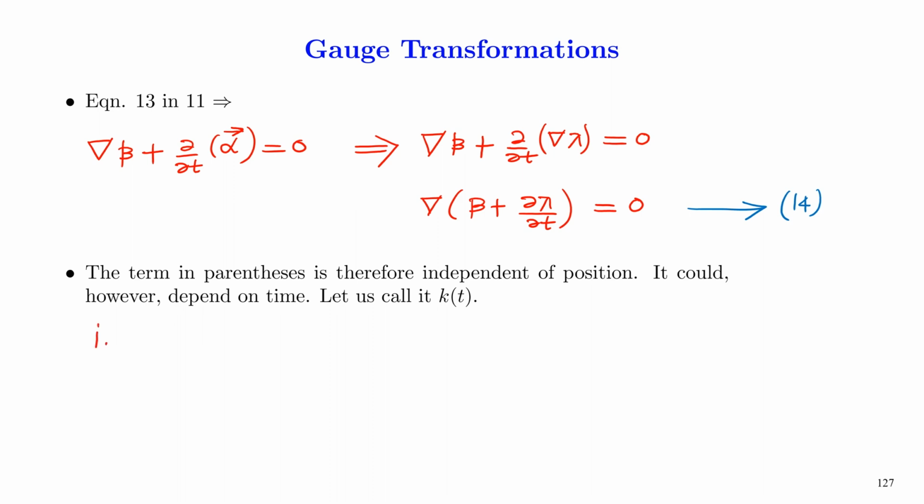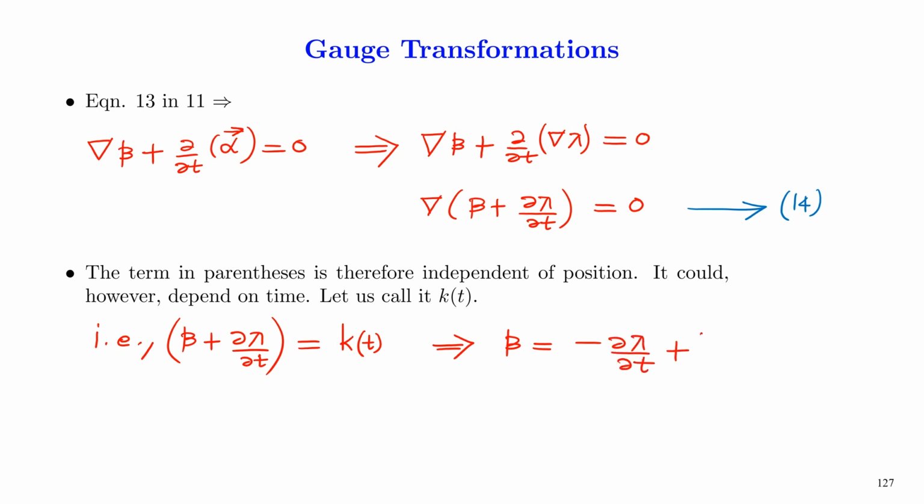That is, beta plus dou lambda over dou t equal to k(t). So let us assume that k(t) is the time dependence of beta plus dou lambda by dou t. From this, we get beta as equal to negative of dou lambda over dou t plus k(t).